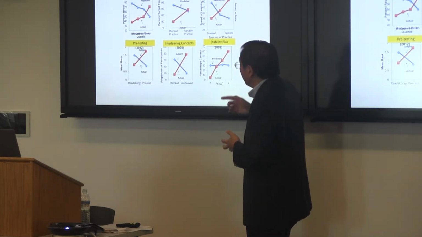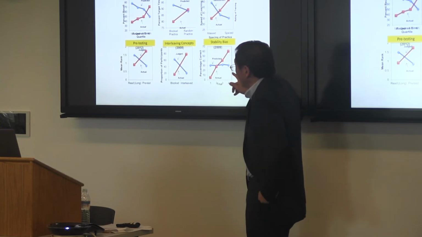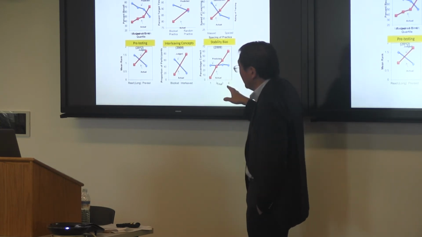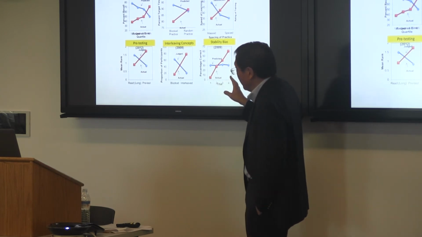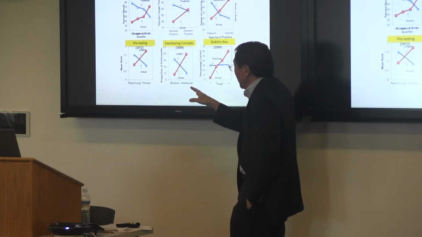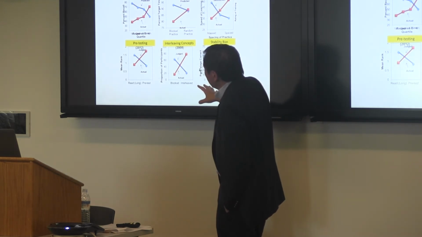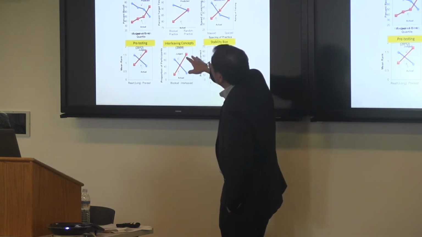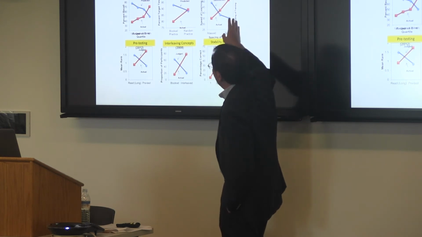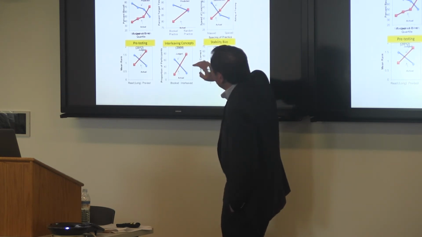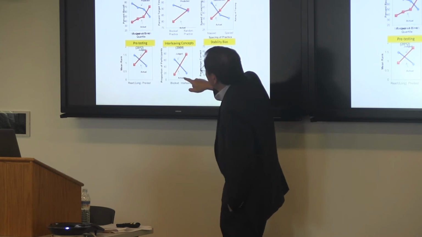I stole this slide from Bob Bjork, who's at UCLA, who's done a ton of work on learning strategies, especially related to education. And so this slide very nicely looks at some of the concepts that he has looked at, like interleaving, spacing, and what you have here is the red bars are the actual performance.